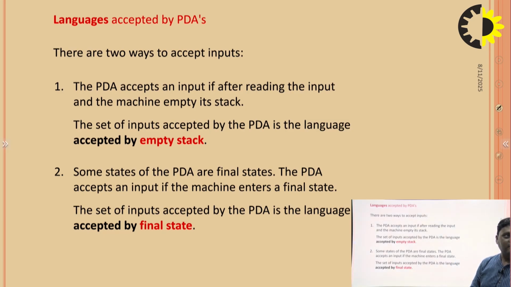The set of inputs accepted by the PDA is the language accepted by empty stack, and the second way is the set of inputs accepted by the PDA is the language accepted by final state. Means when we design a PDA, we can accept the string with the help of empty stack or with the help of final state.